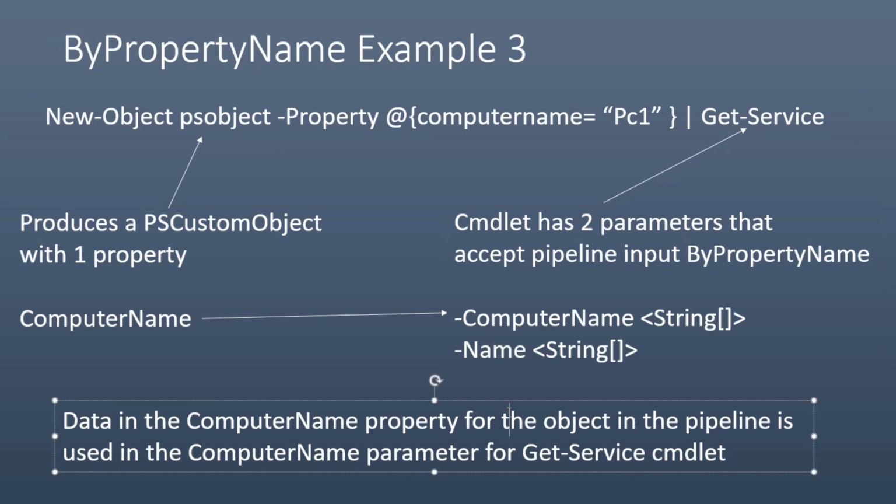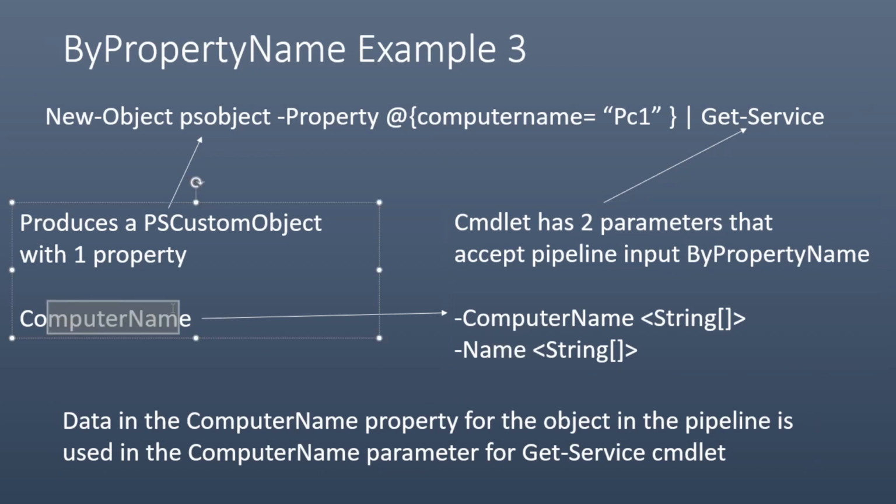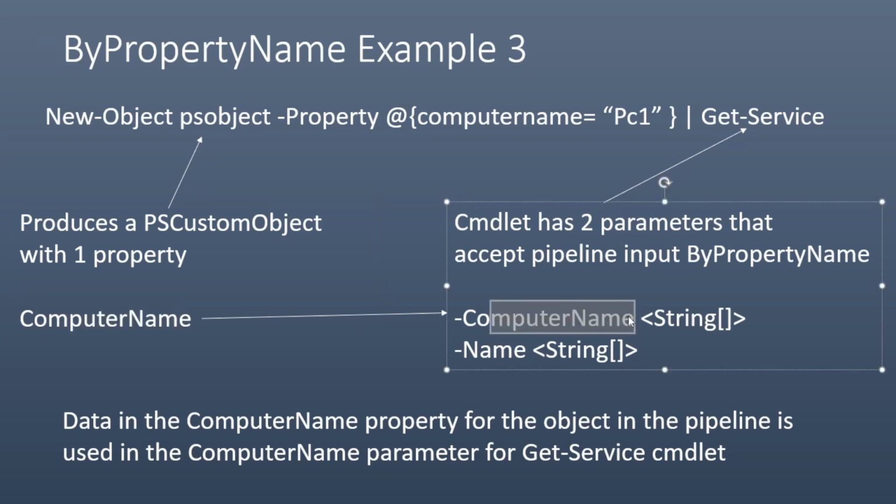So in this case, this object in the pipeline with the ComputerName property, the values out of the ComputerName property would be sent over to the ComputerName parameter on Get-Service. So that matchup is going to occur there. All right.